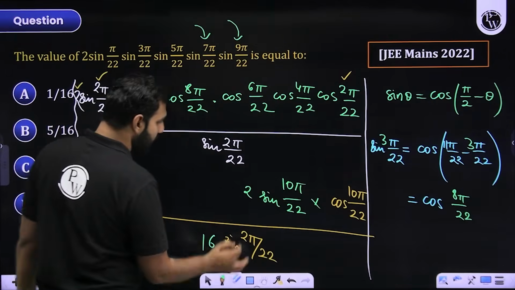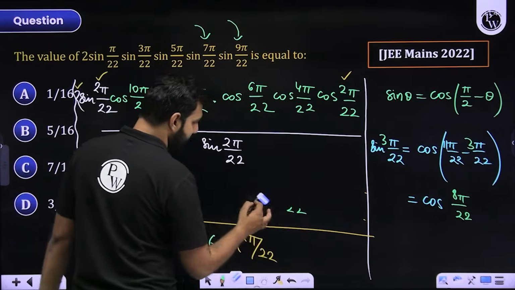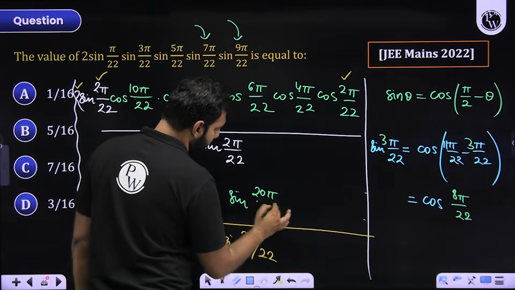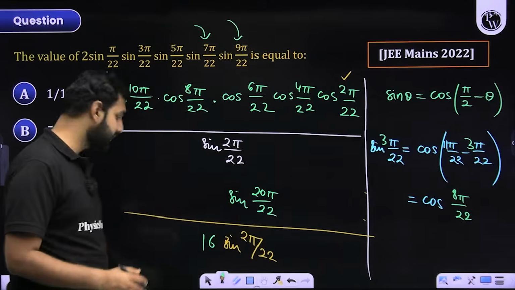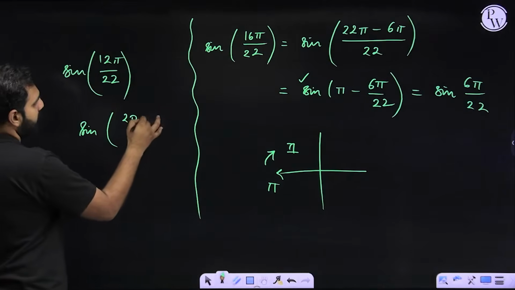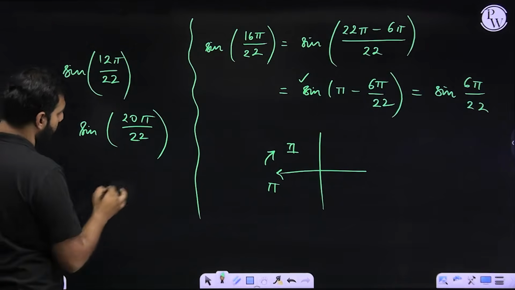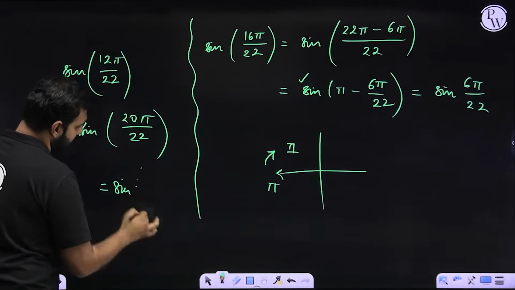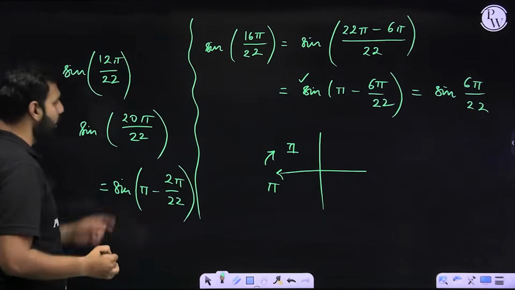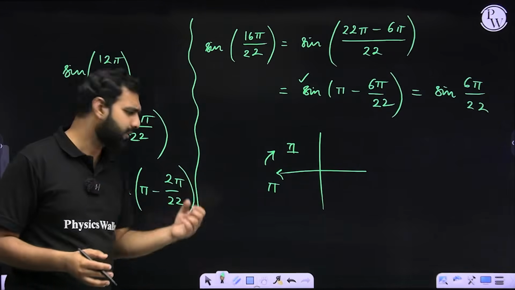So the numerator will be sine 20 pi by 22. Again, by using the same logic which we have discussed here, sine 20 pi by 22, can I not write it as sine pi minus 2 pi by 22? Although it could have been written as 10 pi by 11, but let me keep it like this only.